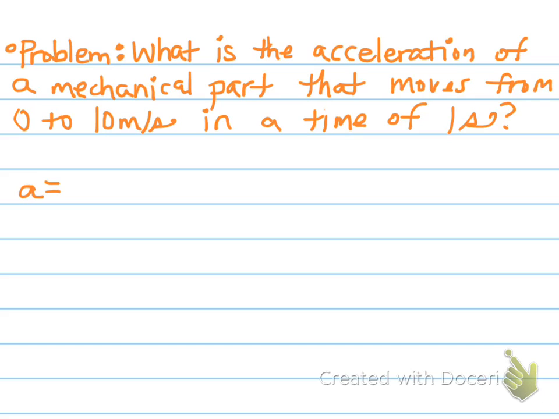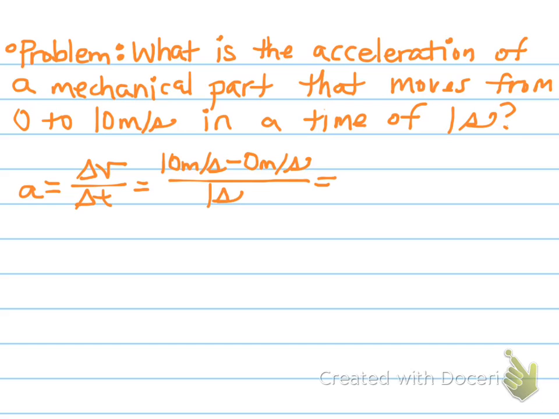So our acceleration equation is our change in velocity over change in time. Our change in velocity is 10 meters per second minus 0 meters per second divided by our time interval, which is 1 second. So this is 10 meters per second over a second, which gives us 10 meters per second squared.